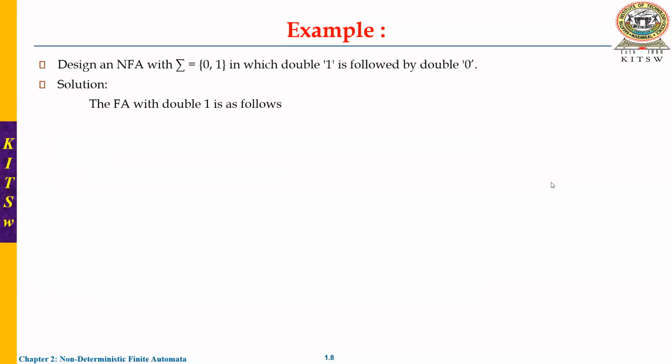The next example is to design an NFA over input symbols 0, 1 in which double 1 is followed by double 0. Take different input strings or languages, try to draw the NFA, and pause this video to complete the design.